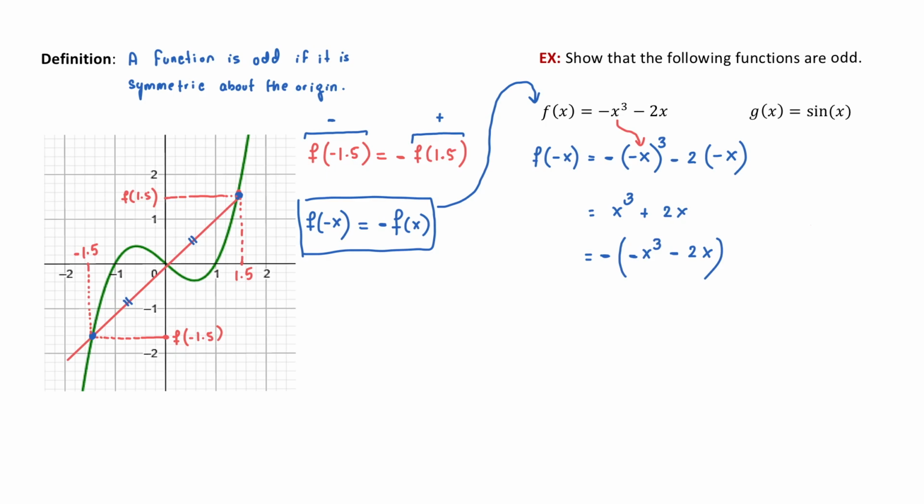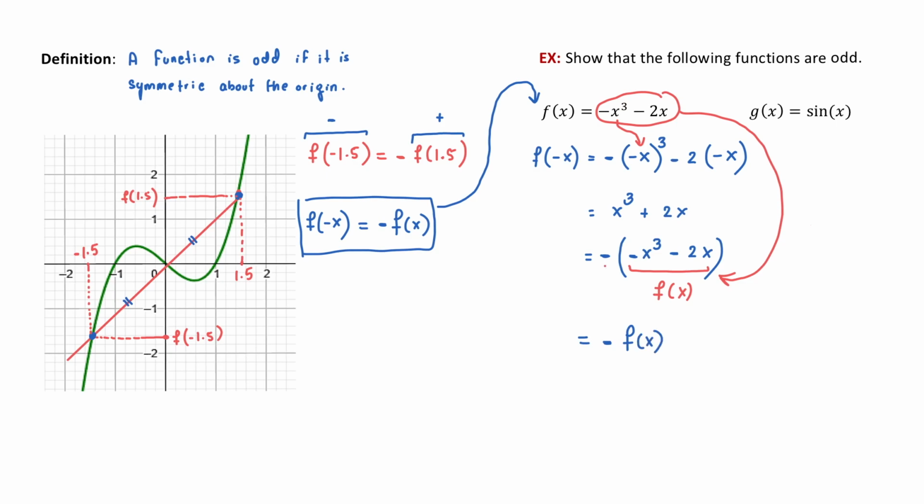Look at this. If I were to distribute again, I would have a negative times a negative, positive. A negative times a negative, positive. But now I want you to notice that this expression inside of my parentheses here is precisely f of x. It is exactly this expression right here. So then what I have now is that this is equal to minus f of x.